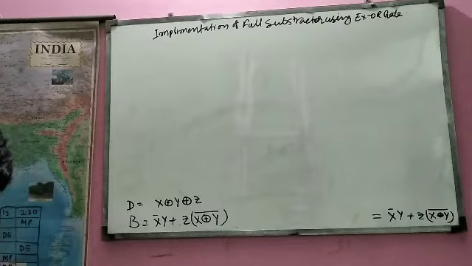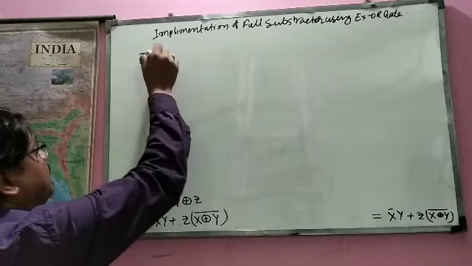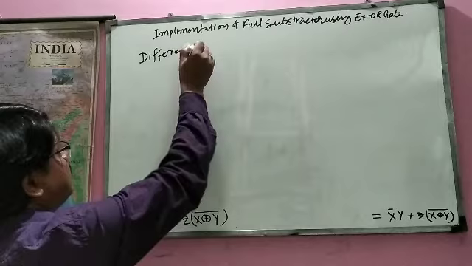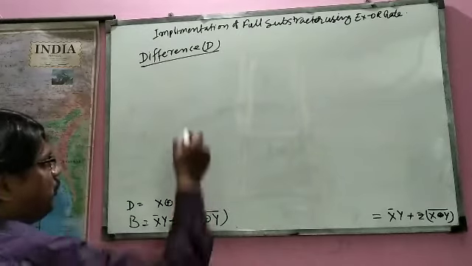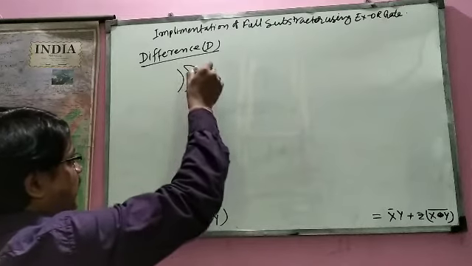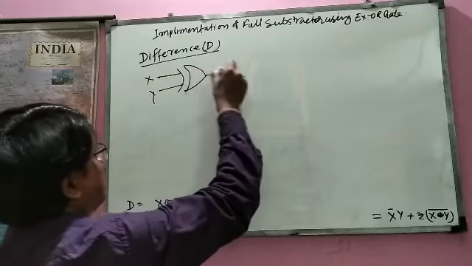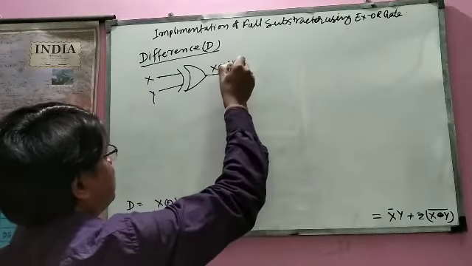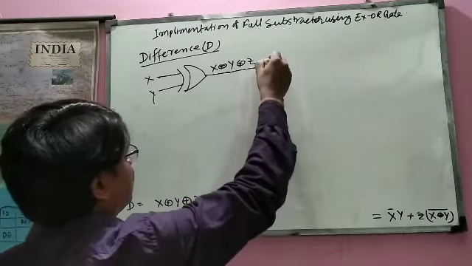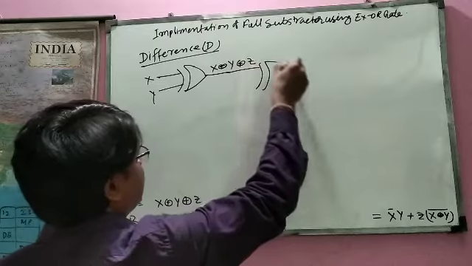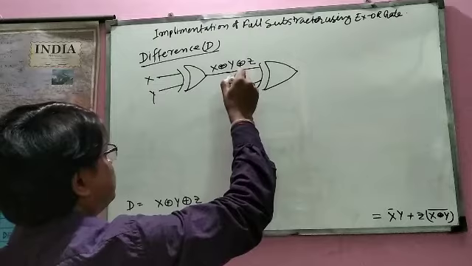Okay, so how can we implement all these things? If anyone says, just implement the difference D with the help of XOR gate, so take one XOR gate here, and put x here, y here, and what will be here? x XOR y, XOR z. Take another XOR gate here and give another input, that is z.